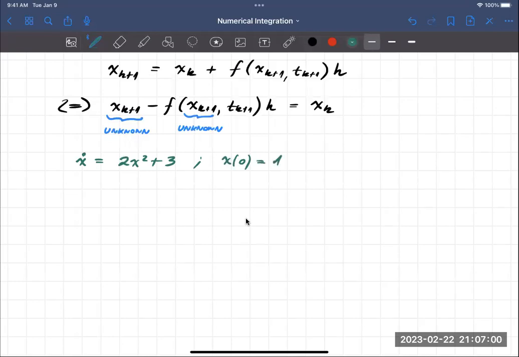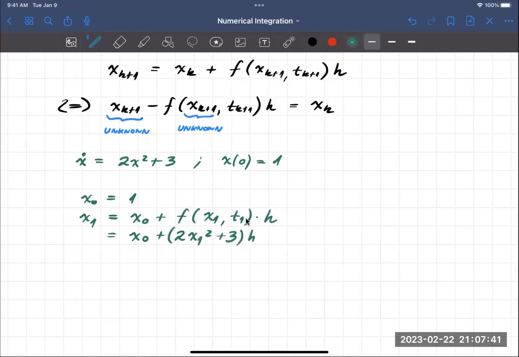So let's say we want to have, of course, our x of 0, it's going to be just 1, and our x of 1, according to this method, it's going to be x of 0 plus this function evaluated at this x of 1 and t1 times h. So that is x0 plus this f, which is 2 times x1 squared plus 3, all of this times h, right?